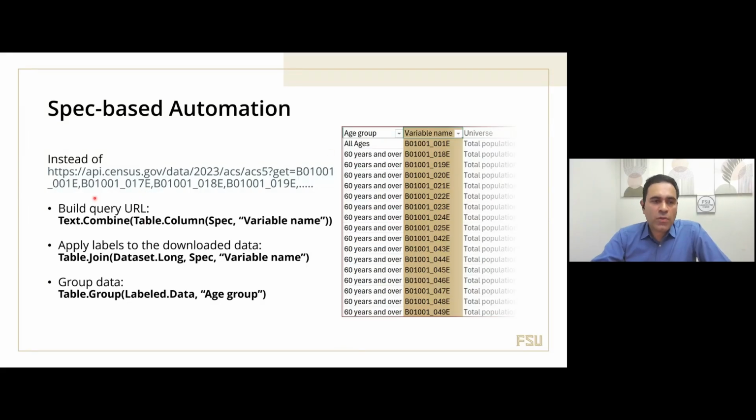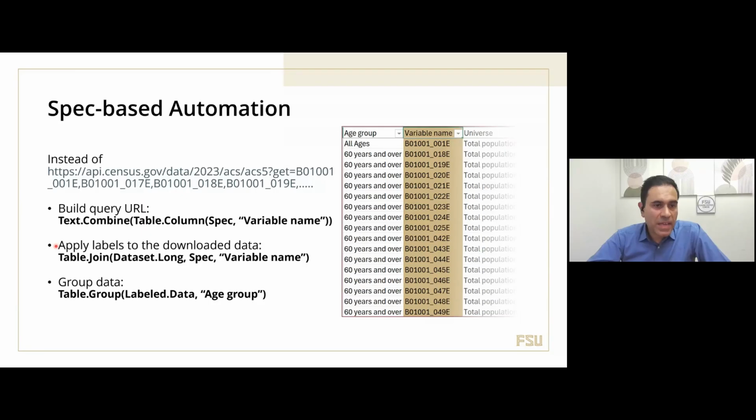And we add a few portions such as HTTPS and the API key to build the URL in an automated form. Then in Power Query, we fetch the data using that URL, and then we do the other operations related to the preparation of the data for visualization.